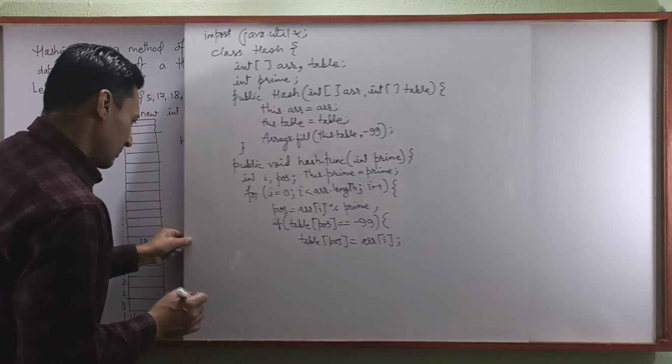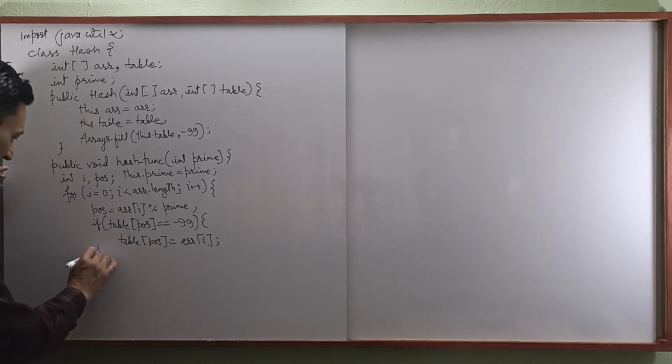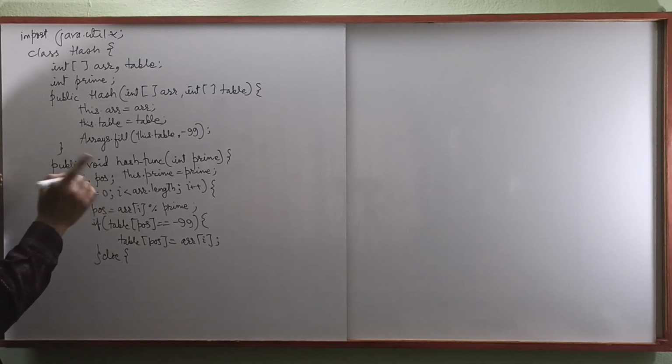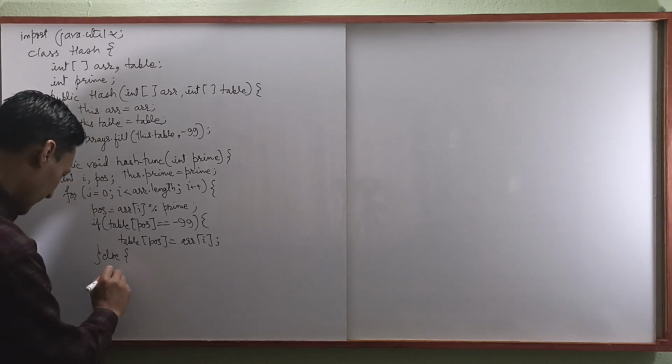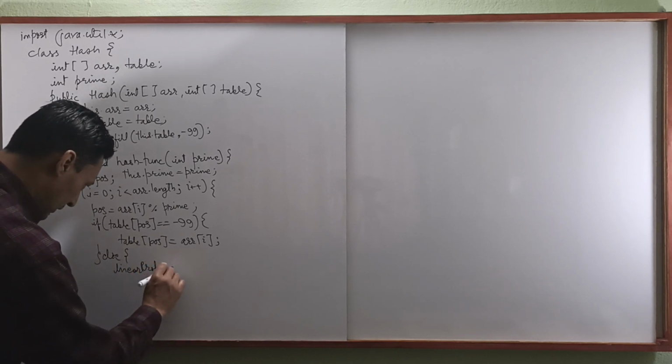Okay, then we have the else. If this position is not empty, then we have to do linear probing. There is quadratic probing also, but here I will be doing linear probing. So I have to define this method, linear probing.